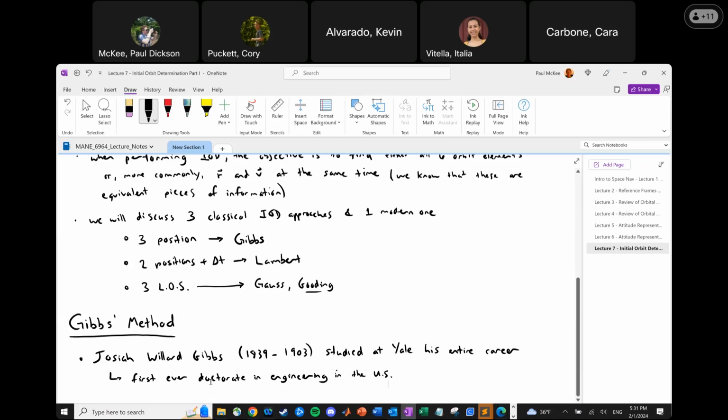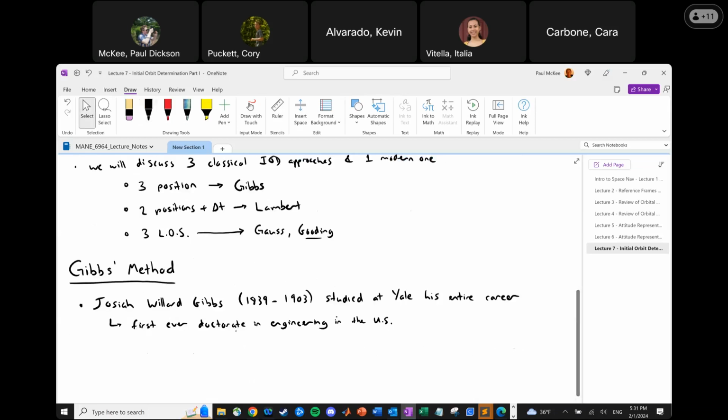So this long line of people getting PhDs or Doctor of Engineering or whatever it is, he was the first to get a doctorate in engineering. He was also, among other things, the father of modern vector notation.